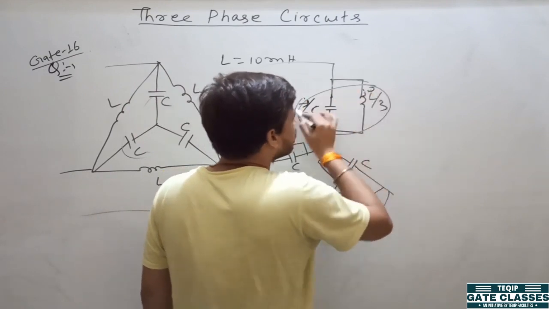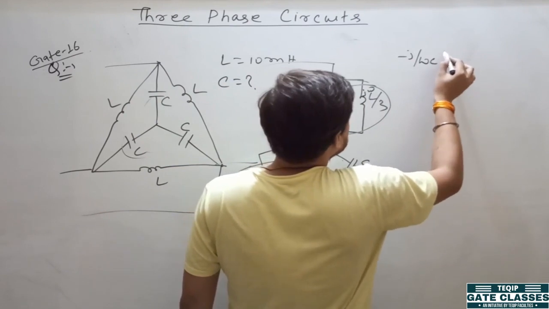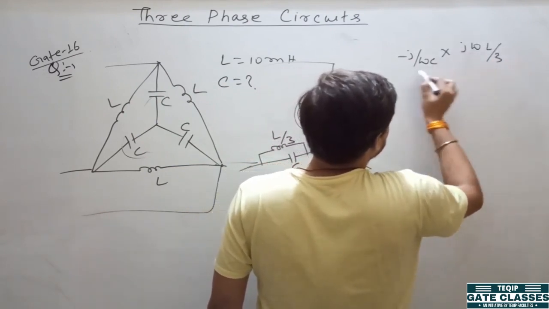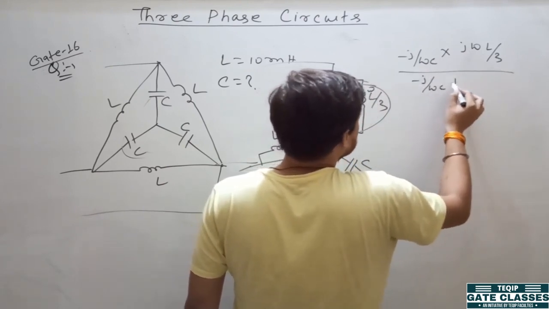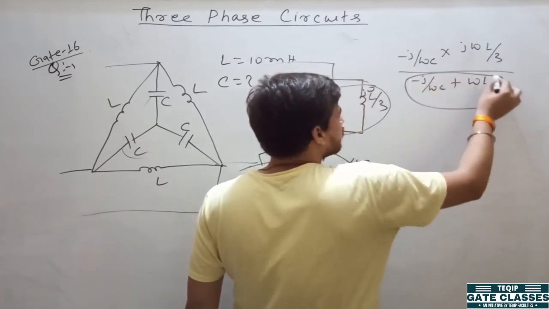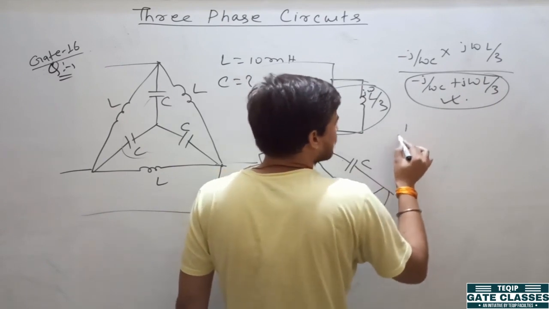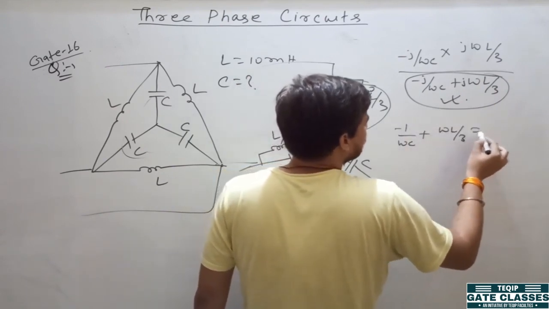The total impedance is minus j by omega C into j omega L by 3 divided by minus j by omega C plus j omega L by 3. So the denominator should be equal to 0. That means 1 upon omega C plus omega L by 3 should be equal to 0.